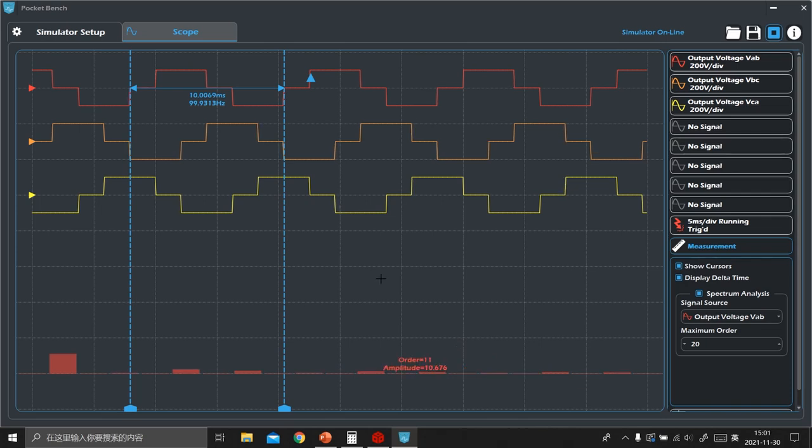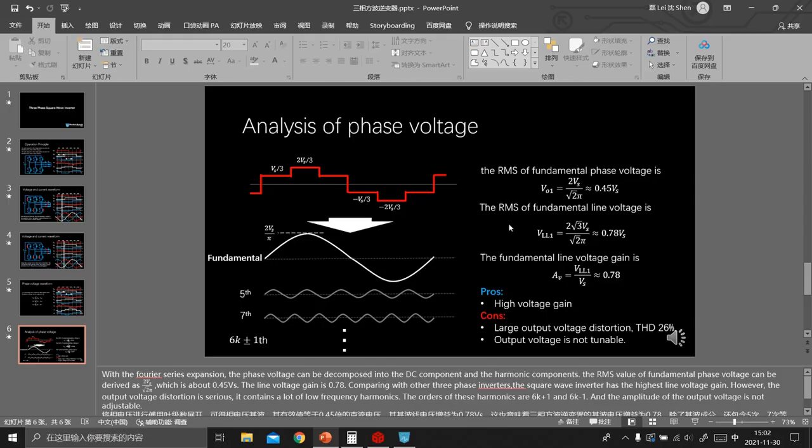Okay, next, let's verify the amplitude of the output line voltage. In the theory course, we have already learned that the RMS value of the fundamental line voltage can be calculated like this. It's 0.78 multiplied by Vs. So the amplitude of the line voltage should be 0.78 multiplied by Vs and then multiplied by the square root of 2.